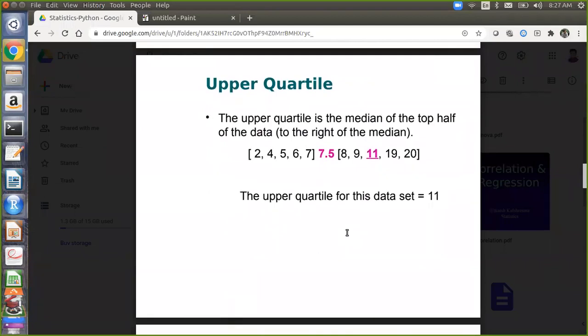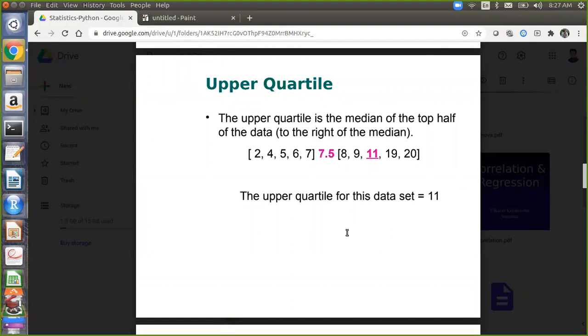But when it is even, you have to calculate it. In both cases we are finding it: your data is randomly arranged, you order it, and then you search for the center value. The only difference is that in one case you are not doing any calculation. So we are finding the median in two different ways in the two cases.